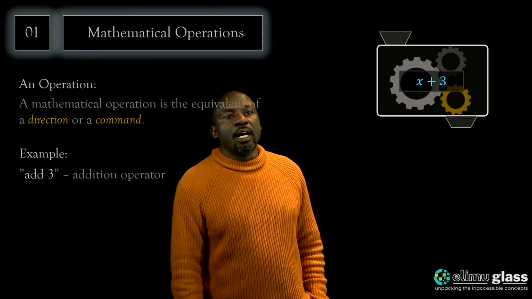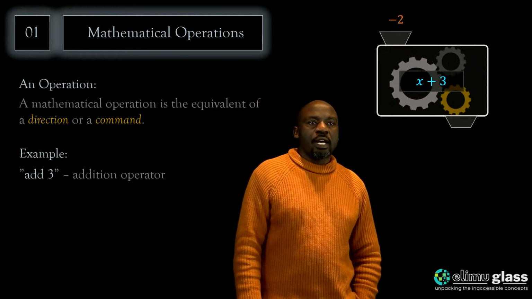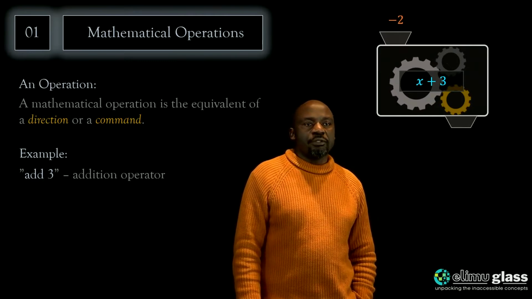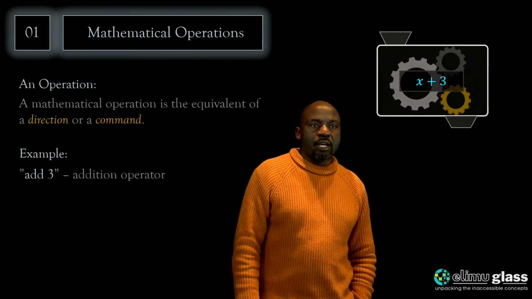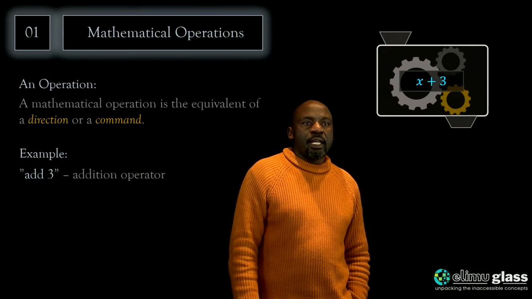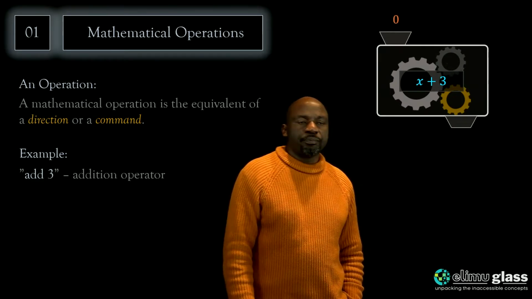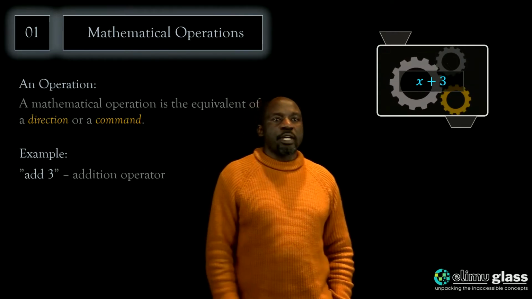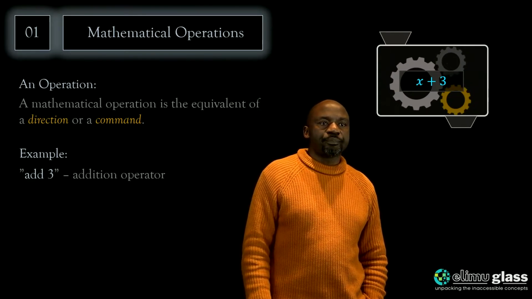Similarly, if we put a negative 2 there, the machine will add 3 to negative 2, and we expect to get 1 on the output. Similarly, if we put 0 in there, the machine adds 3 to it, and we expect to get a 3 on the other side.